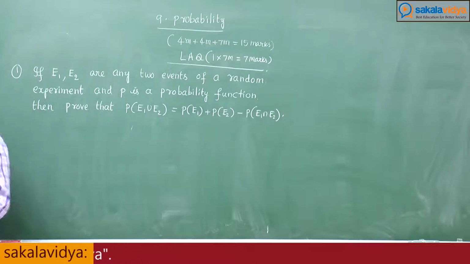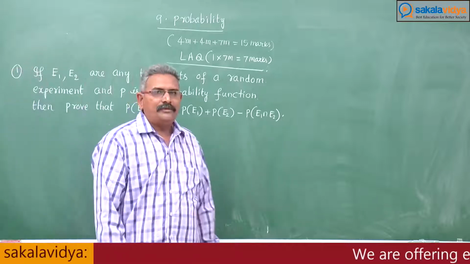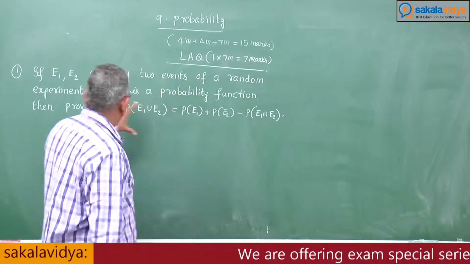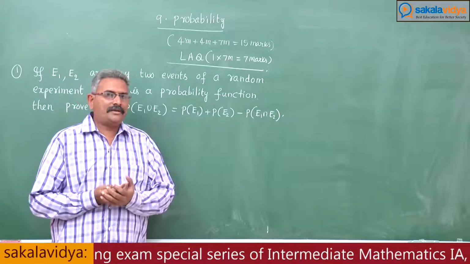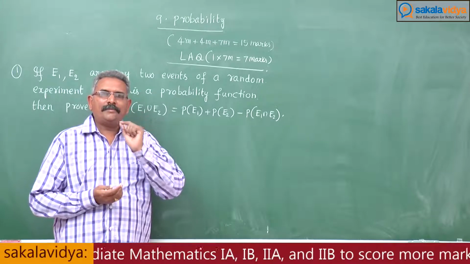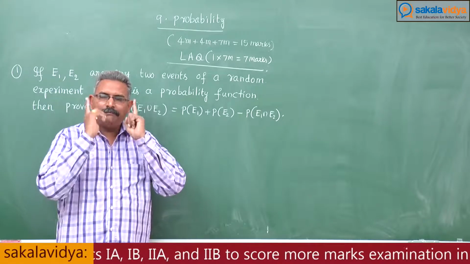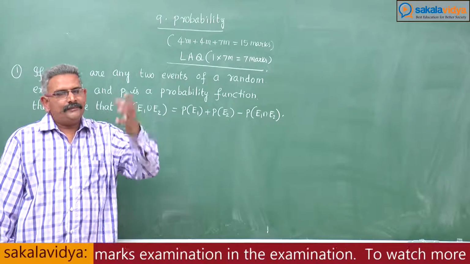This is called the addition theorem on probability. So, this may not be given in the examination. In the examination the same question may be asked: state and prove addition theorem on probability. That means the statement is compulsory, you have to remember it, keep it in mind.